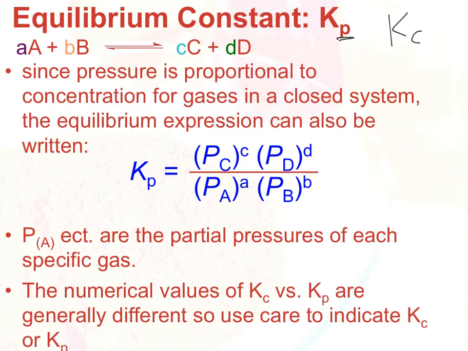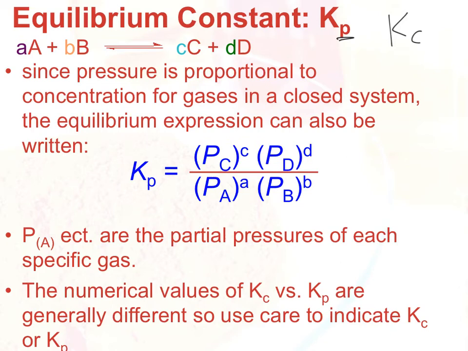So we'll have the partial pressure of our products divided by the partial pressure of our reactants to some power. Notice we're still using the coefficients as our exponents in our equilibrium expression. Now, remember that PC, PD, PA, PB are all the partial pressures of each of the specific gases in that container that correspond to that reaction at equilibrium.